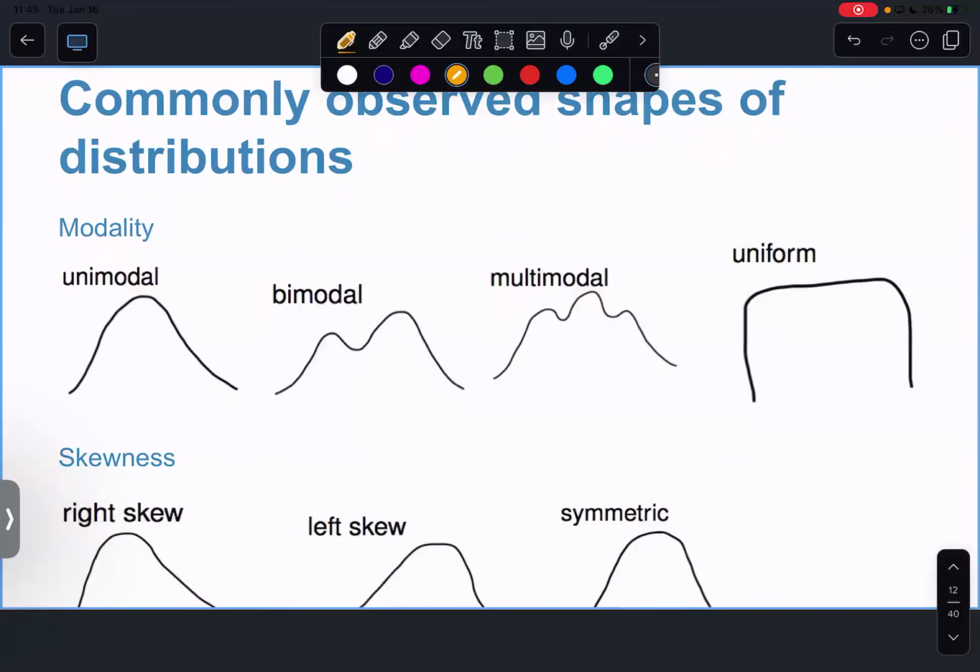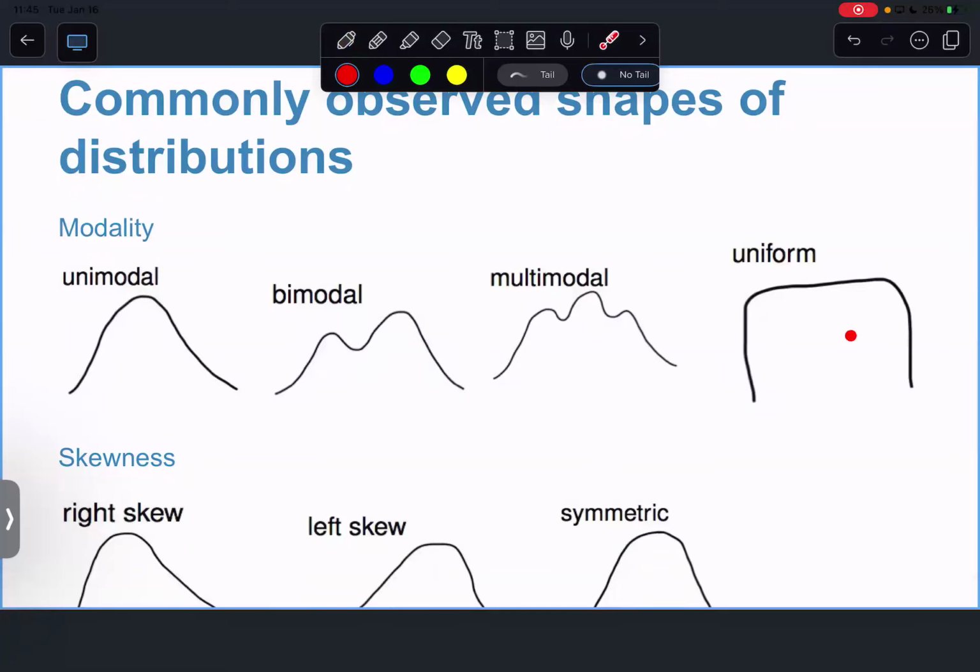I don't know why these are all cartoony drawn, but some common shapes that we're going to talk about are usually unimodal, but also we can have bimodal, multimodal, or uniform, right? Where it doesn't matter what the value is, it has the same probability of happening.